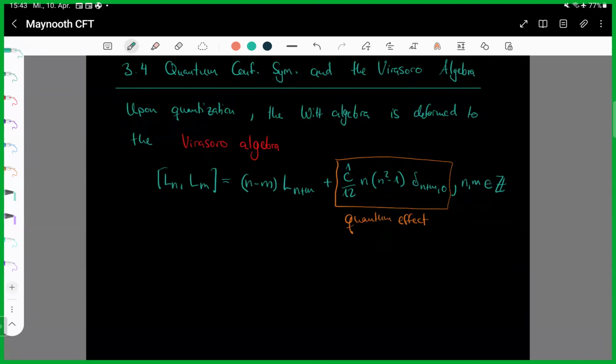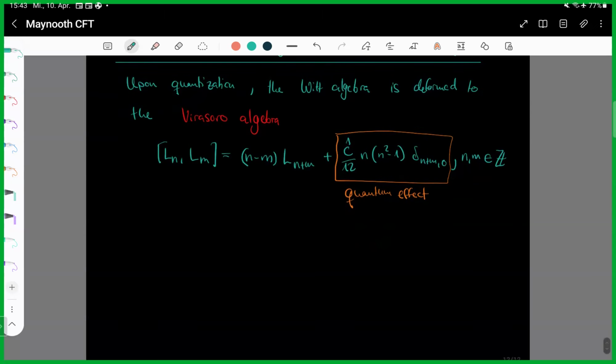Let me say a few words, and maybe in a moment also something for whoever works on topological insulators, since the word anomaly is coming in a minute. So first of all, the deformation is called a central extension.